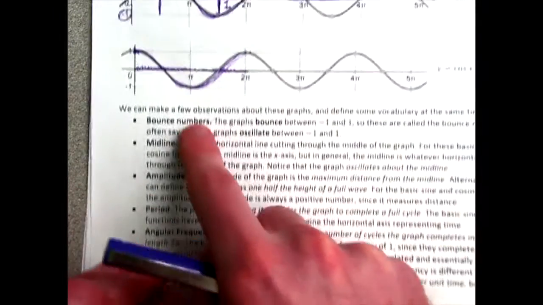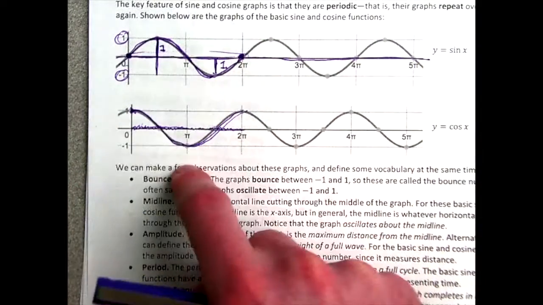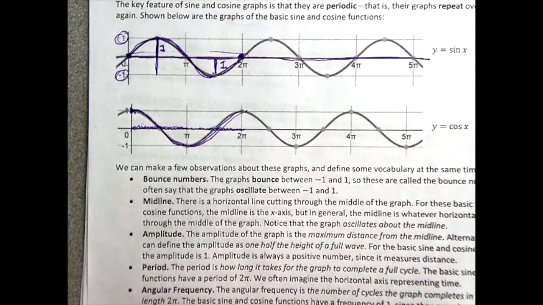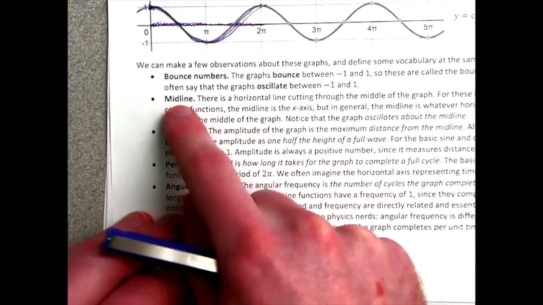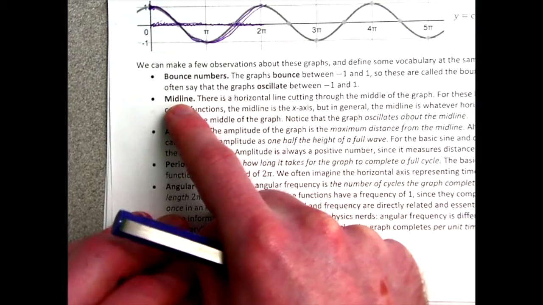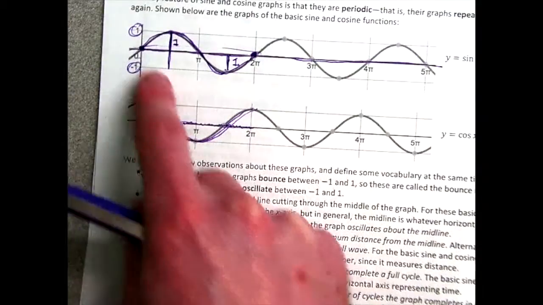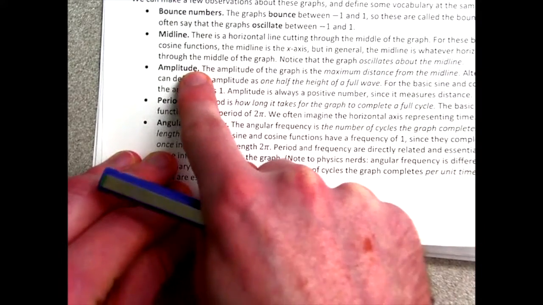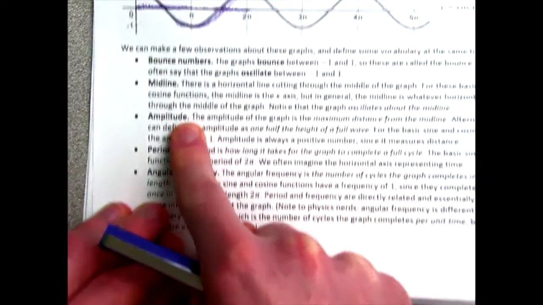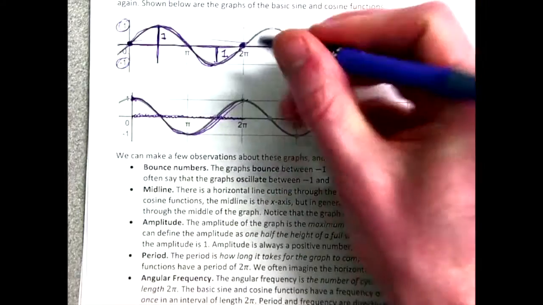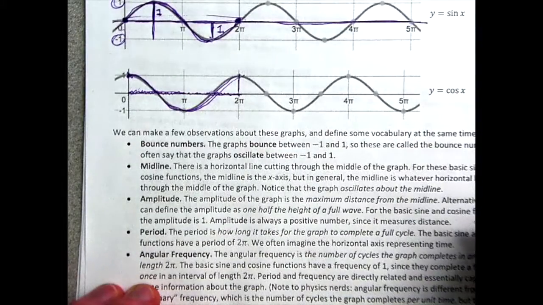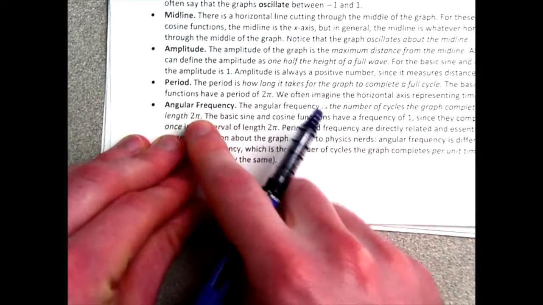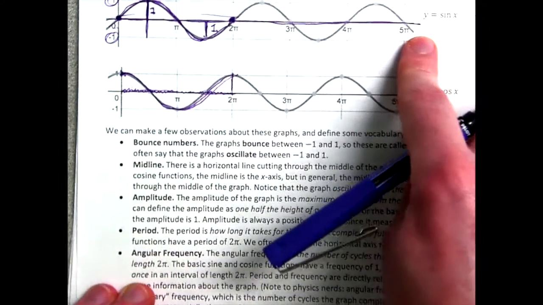The bounce numbers for a transformed sine or cosine function in general will not be negative and positive 1, but some other numbers. The midline will not just be the x-axis, but some other horizontal line. The amplitude will not be 1, as it is for the basic parent function, but something else. So all of these things change when you begin to transform the function.